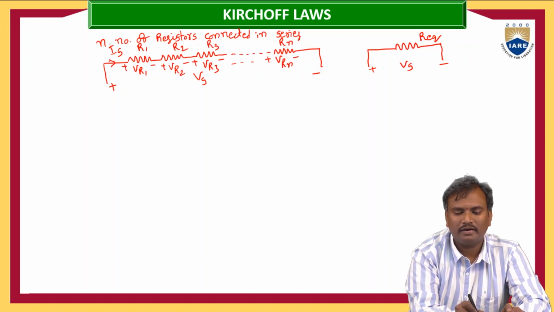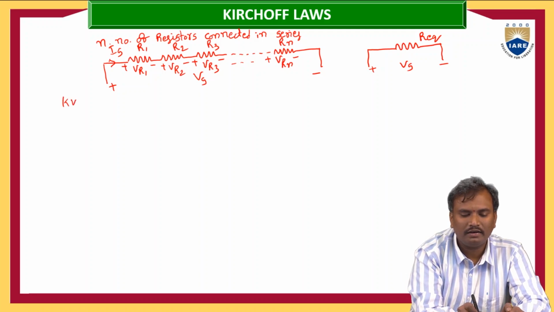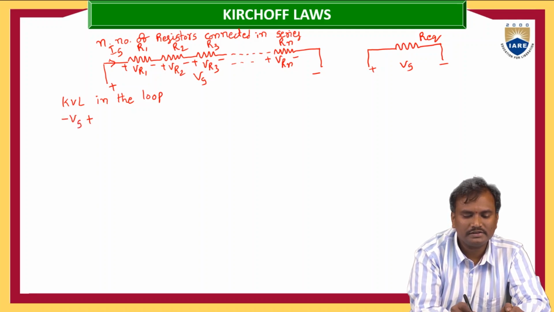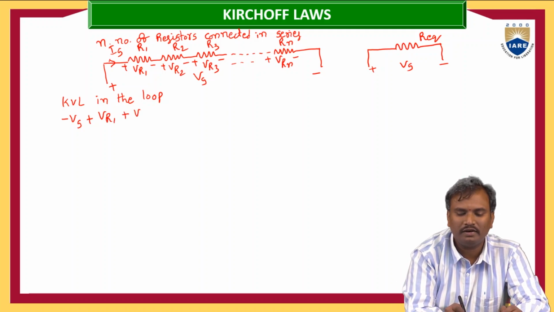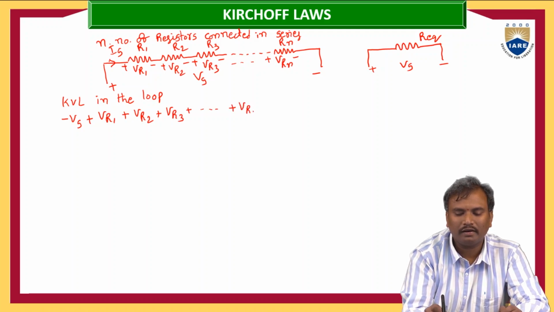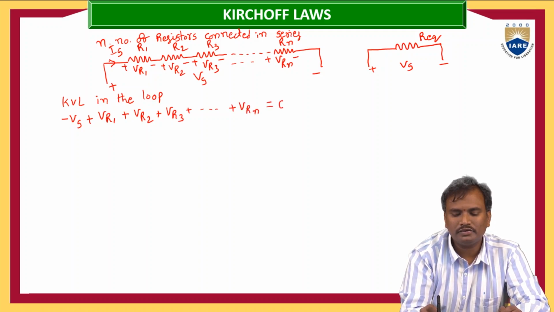So here, if we write the KVL in the loop, minus Vs plus VR1, current is entering the positive terminal across the resistors, VR1, VR2, VR3, and so on, VRN, that is equal to 0.